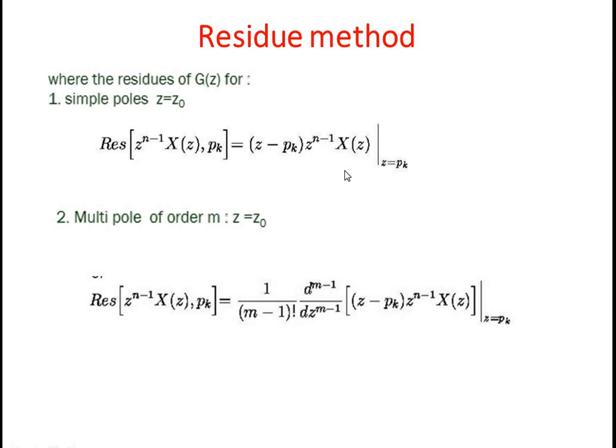Here we have the same formula, but instead of x of z by z, we have x of z into z power n minus 1 into the corresponding denominator with respect to the pole.